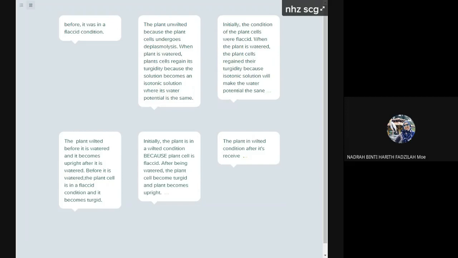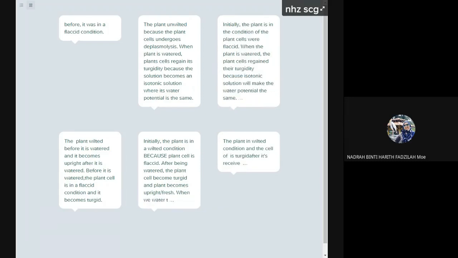Okay, kita boleh tambah lagi dekat situ. Okay ya. Markah dia 3 kan? So points dia ada 6 ya. Okay, number 1, initially plant is in wilted condition. Number 2, the cells of the plants are flaccid. Number 3, when we water the plants, water diffuse into the plant cell. Number 4, the plant cells becomes turgid.